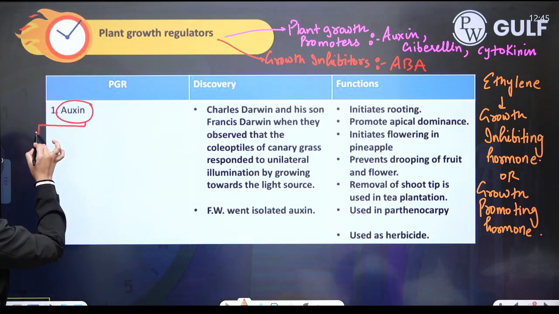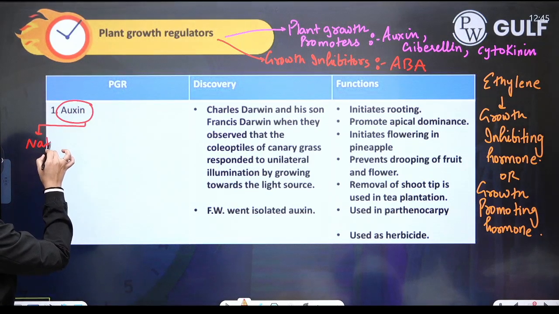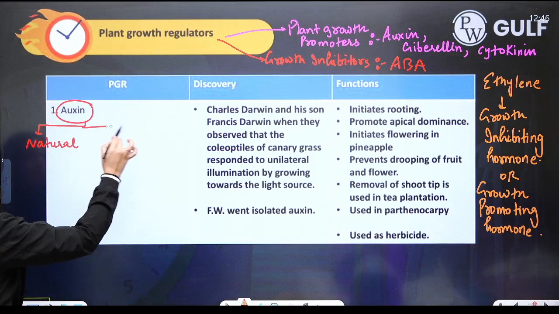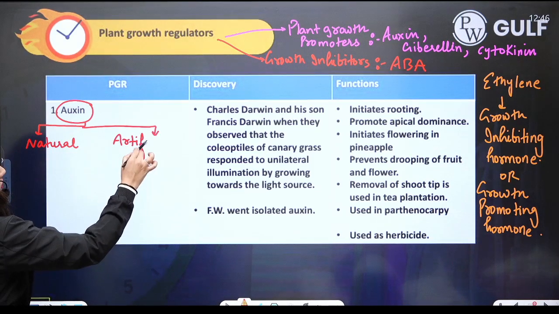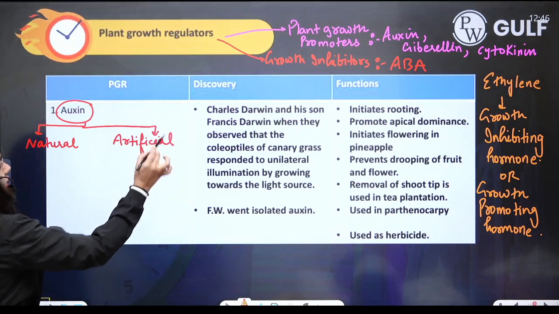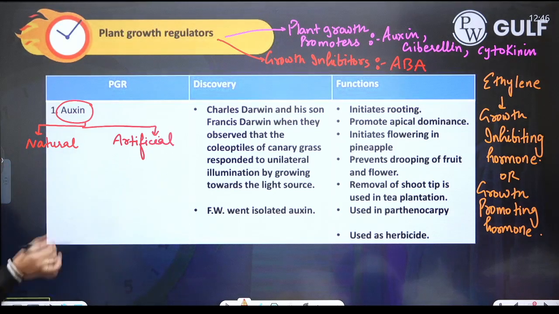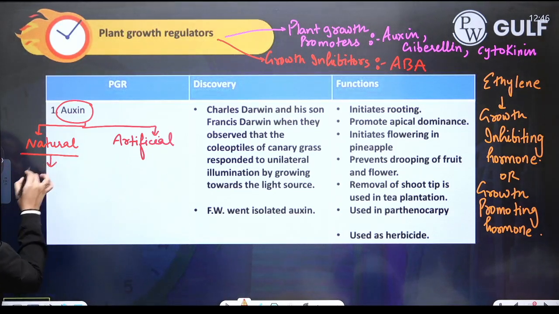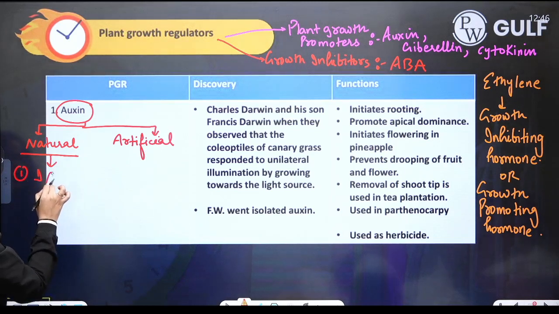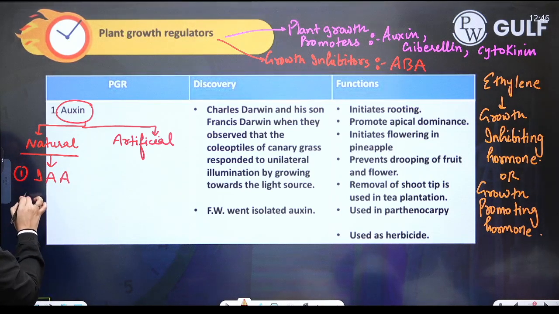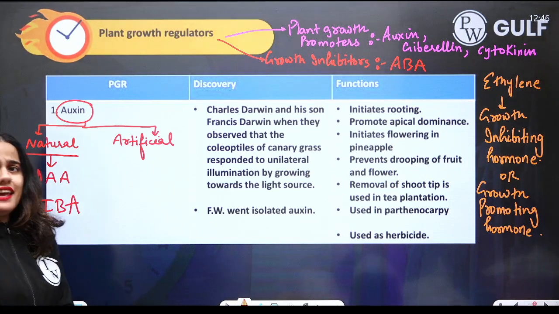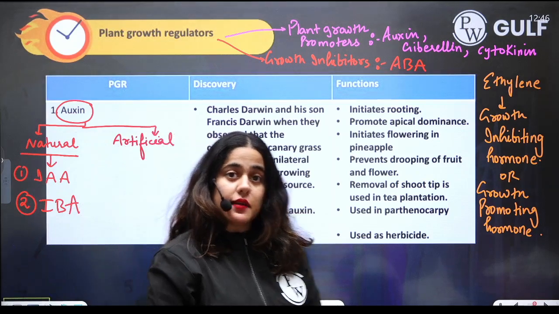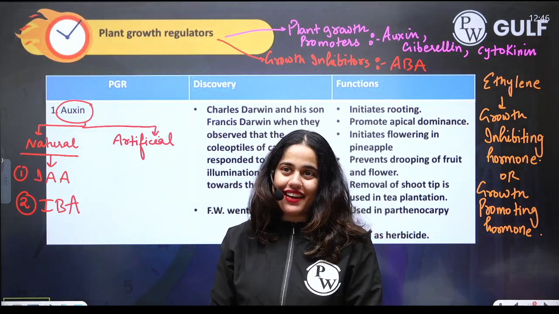Remember, there are two types of auxin: natural, which is naturally found in the plant, and artificial. Natural auxins are indole acetic acid and indole butyric acid. IAA is indole acetic acid, IBA is indole butyric acid.